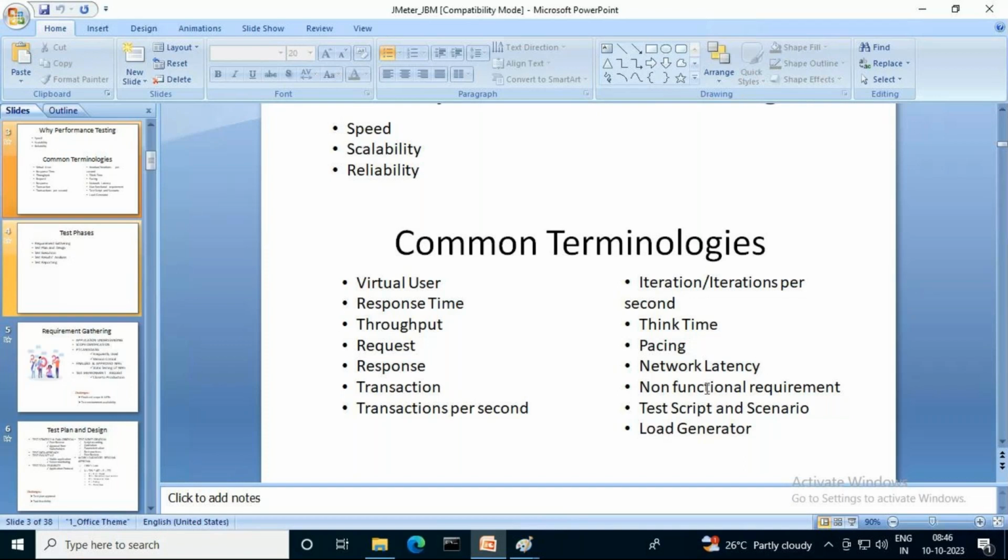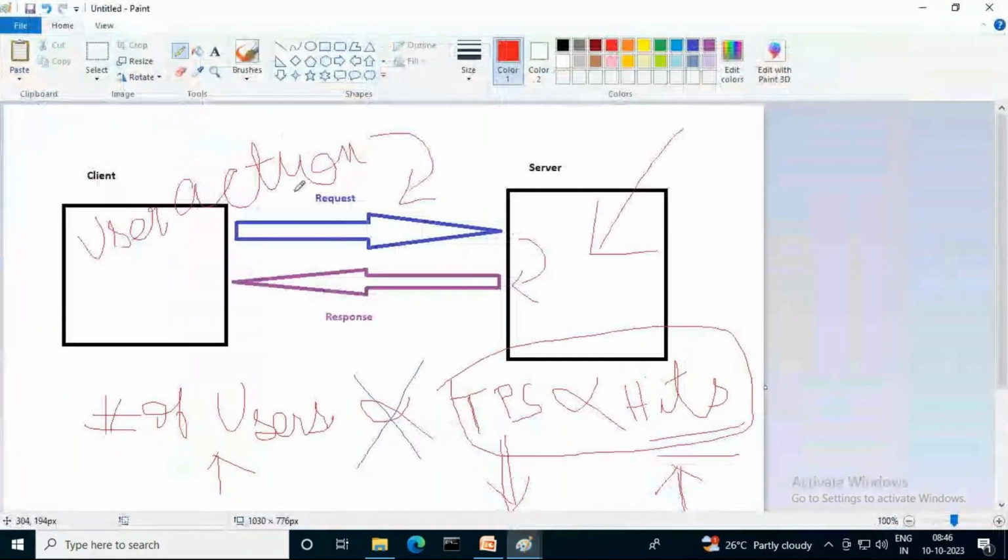Next, network latency. Now, when there is a communication between the client and the server, the request and the response are all data, right? The request and the response get transferred over a network. So if your network bandwidth is good, if your network speed is good, will your response time be high or less?